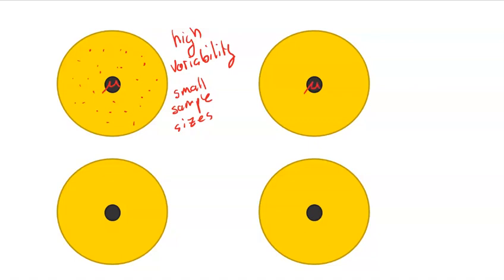So once again, here's an example of that. If we're aiming for the true mean, and some of our samples are really, really close to that true value, well, that's going to have very low variability. And obviously, that's what we're after. We're after low variability. We want our samples to be really close to the truth.